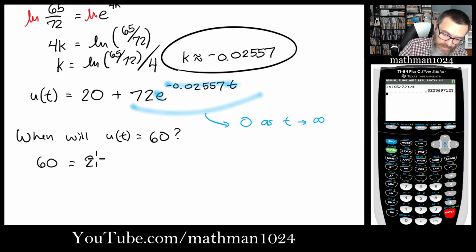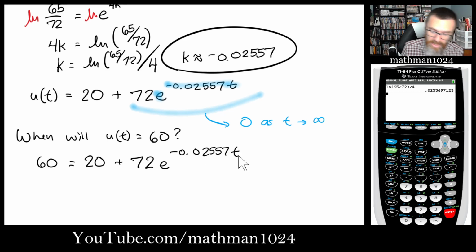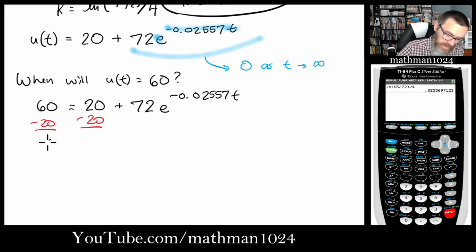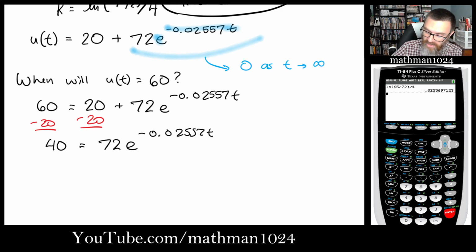So 60 is equal to 20 plus 72 e to this number. Now we're going to solve this for t. We had to solve for k the first time so that we would have the k that connects everything together. So we subtract 20, and then we divide by 72.